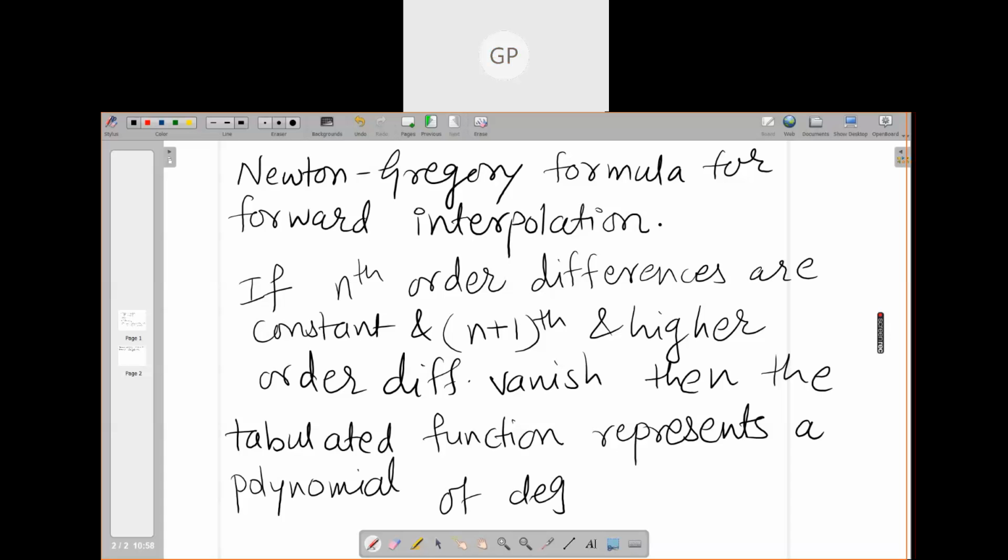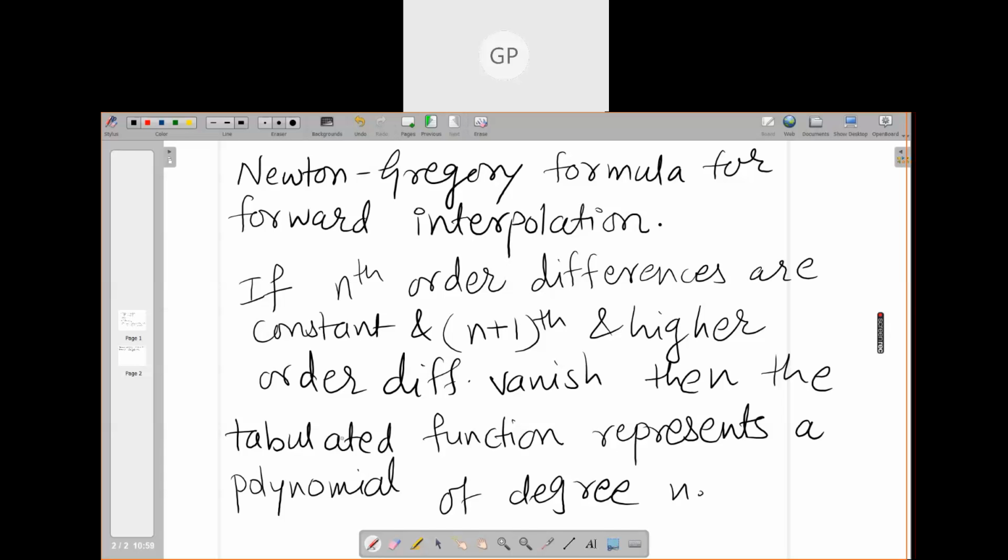Do you understand this? In case of the fundamental theorem, we were considering a polynomial of degree n, right? We applied delta n times on that, and we showed that it is 0. Now we are considering the converse. We are saying that if nth order differences are constant and higher order differences are 0, then that tabulated function always represents a polynomial.